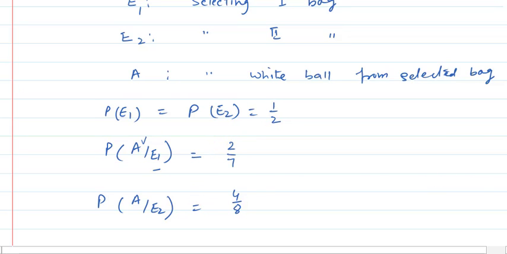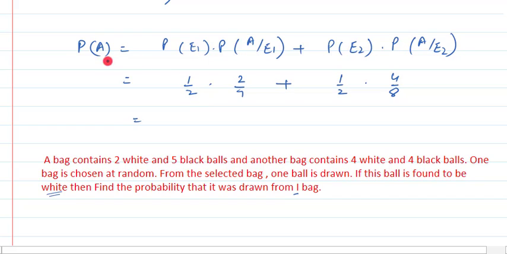Then we need to calculate P(E1/A), meaning the ball selected from the first bag. Again we need to use conditional probability, like the probability of drawing a ball from bag 1 when this ball is white.